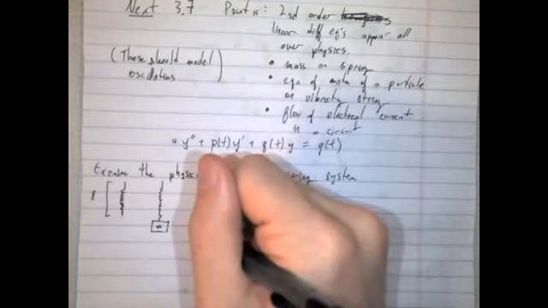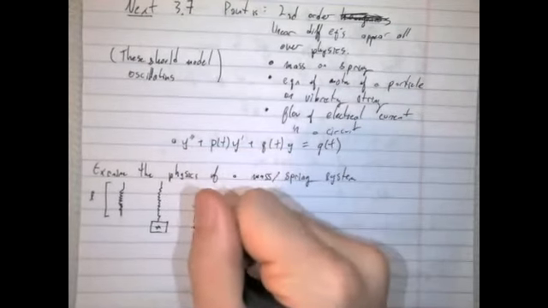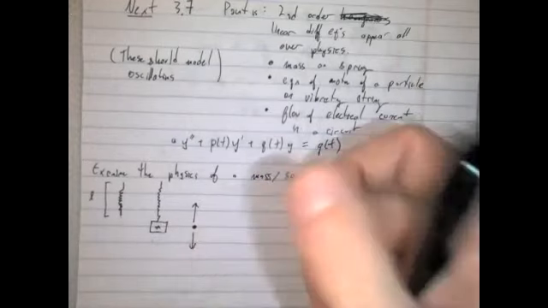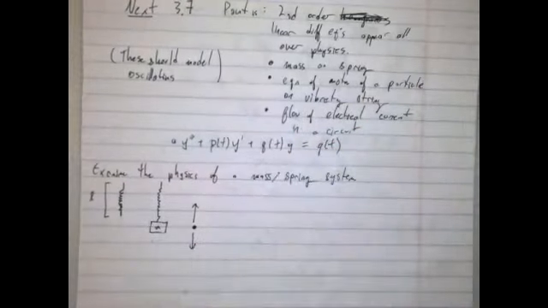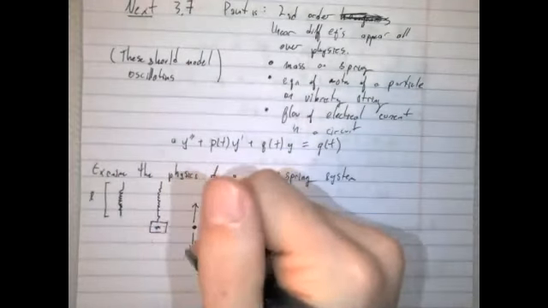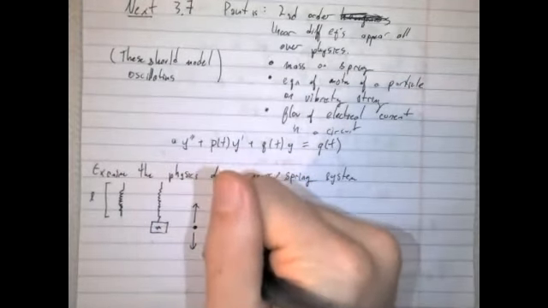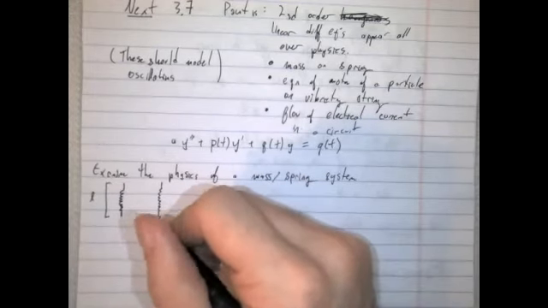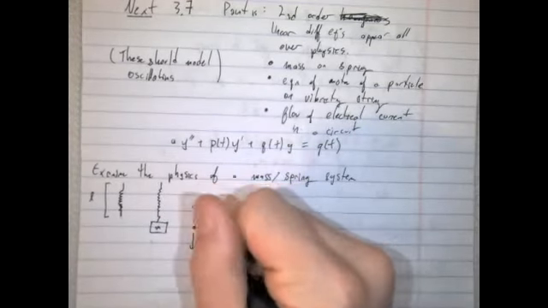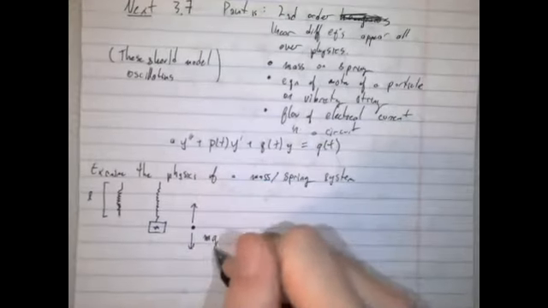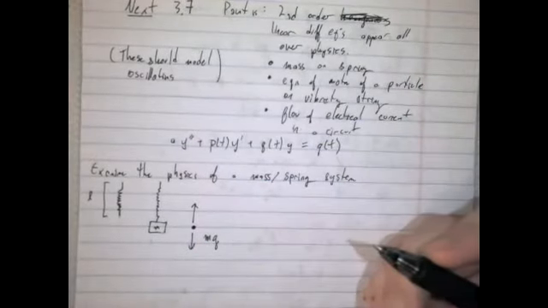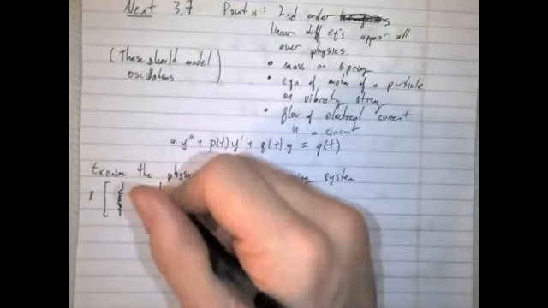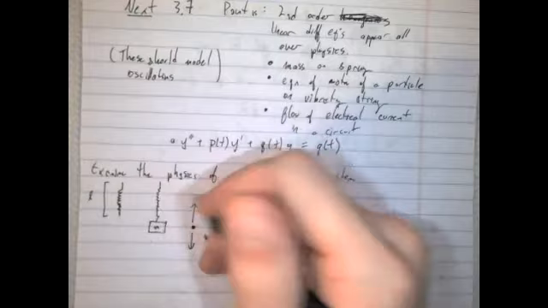So what is the force downwards, if down is the positive direction? Gravity is going to be pulling on the mass. So the force downwards is mass times gravity, mg. The force upwards is essentially provided by the spring.